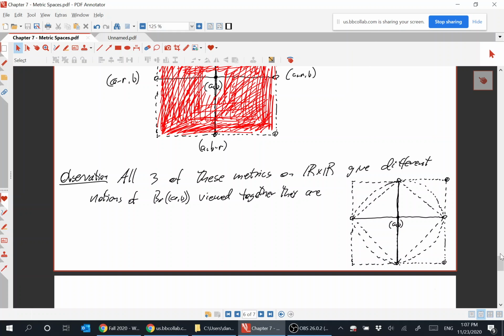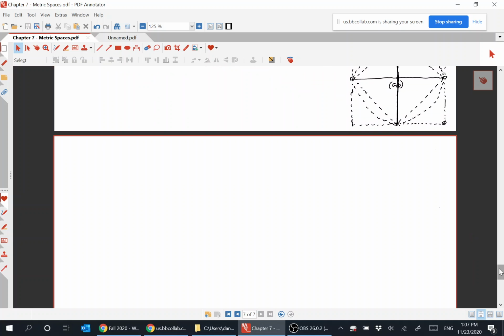So now that we've got the notion of an open ball around us, we can talk about open sets.